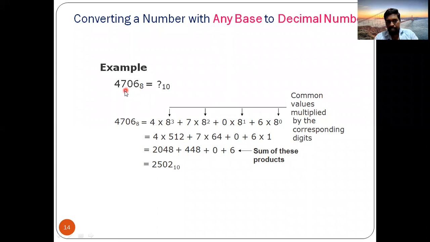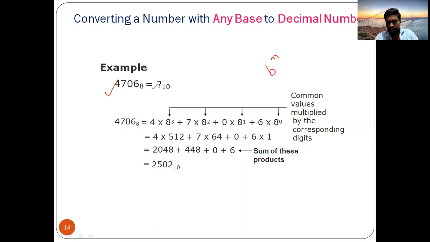See, if they ask you to convert an octal number, base 8, into a decimal number. As it is an octal number, I should multiply each and every digit with the scaling factor. For the given question, what is the scaling factor? Generally, the scaling factor format is base power n.